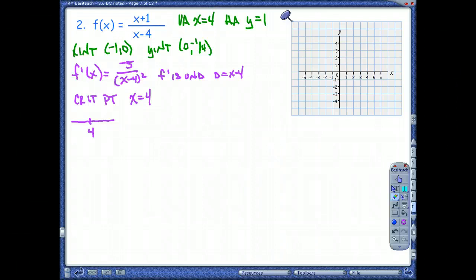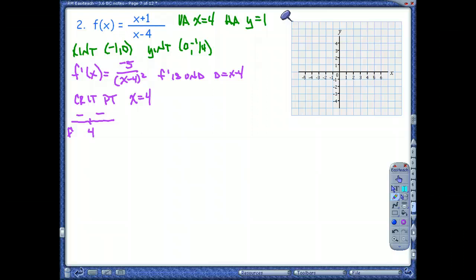It could change from increasing to decreasing. Now this little guy, there's all kinds of trouble because you've got that quantity squared at the bottom. So I'm negative on this side, negative on that side. So 4 is a critical point, but it just doesn't change any increasing, decreasing. It's not a relative extrema. So there's something going on at 4, but the first derivative really doesn't show me much.